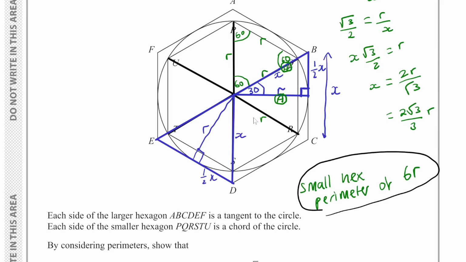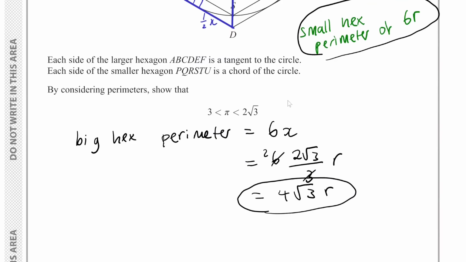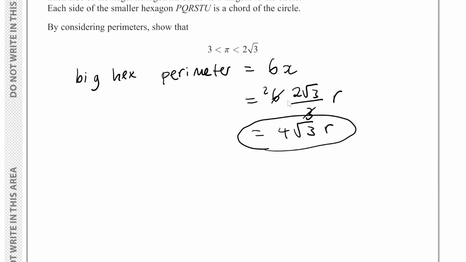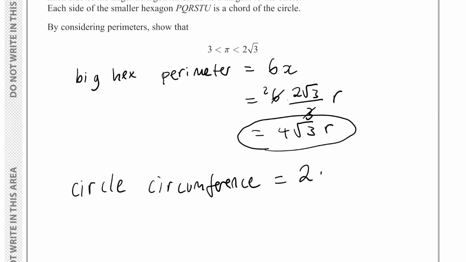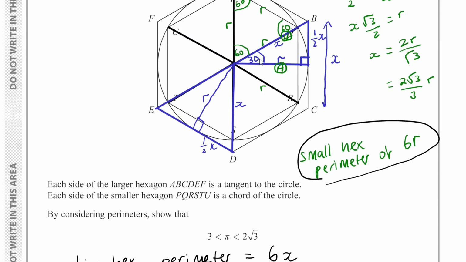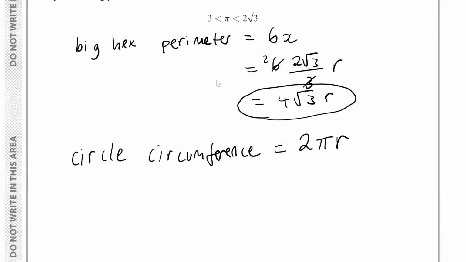What's the perimeter of a circle? The perimeter of a circle is the circumference, 2 pi r. So the circle circumference is equal to 2 times pi times the radius. So what about this 3? Pi is in between 3 and 2 root 3. So the circle's circumference must be in between the perimeter of the big and the small hexagon.